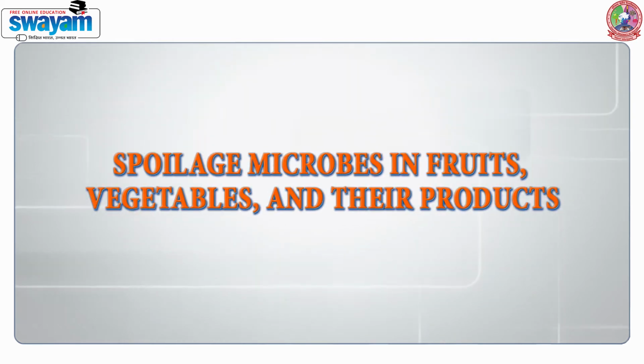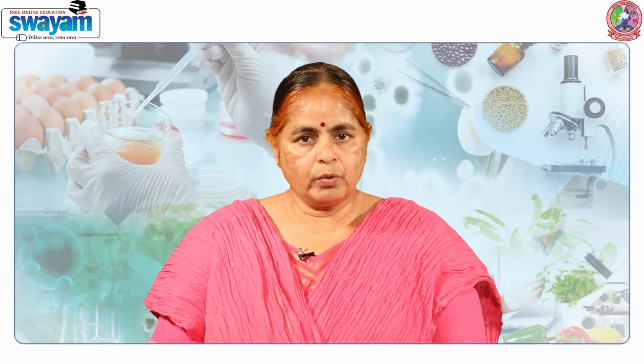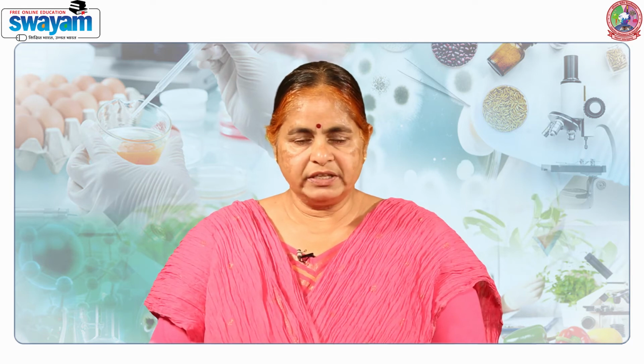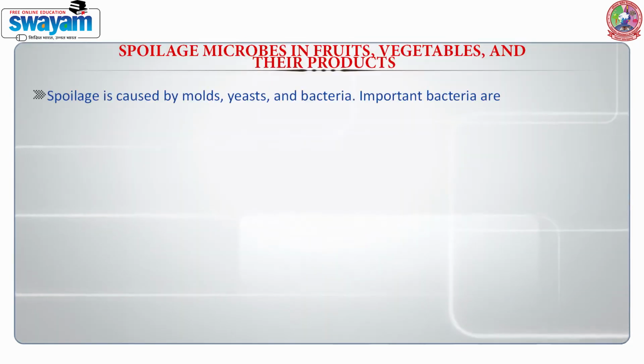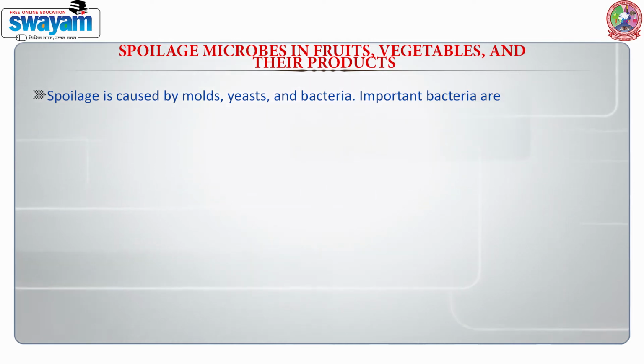So students, let us know what the spoilage microbes in fruits and vegetables and their products are. A group of microorganisms which include molds, yeast, and bacteria are responsible for the spoilage of fruits and vegetables and also their products.